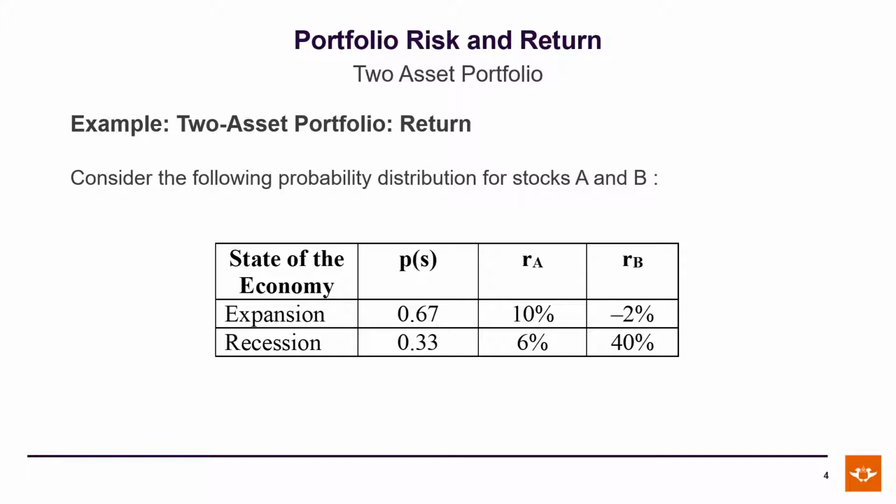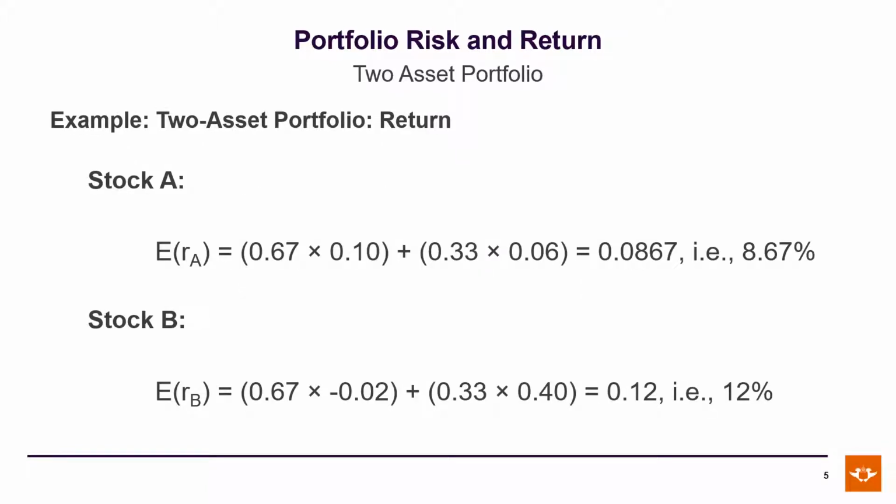And stock A behaves well during expansion, not so well during recession. Surprisingly, stock B performs quite badly during an expansion and very, very well during a recession. So maybe we're looking at necessities here. Anyway, we're now going to move on in the next slide to calculating the expected return.